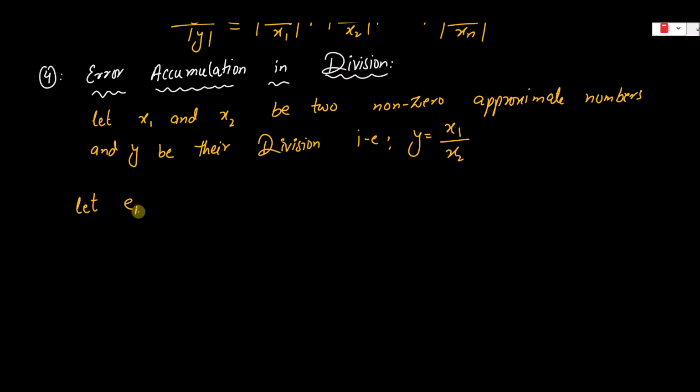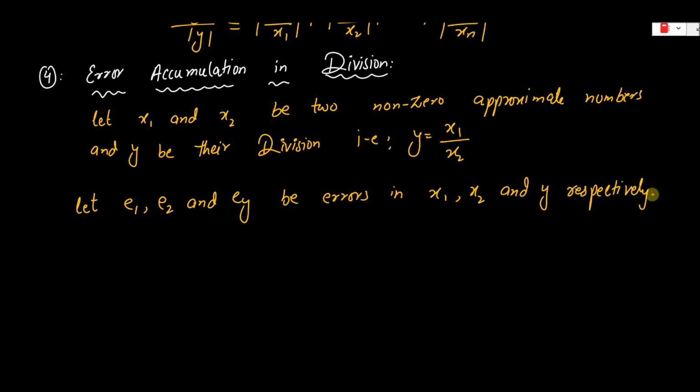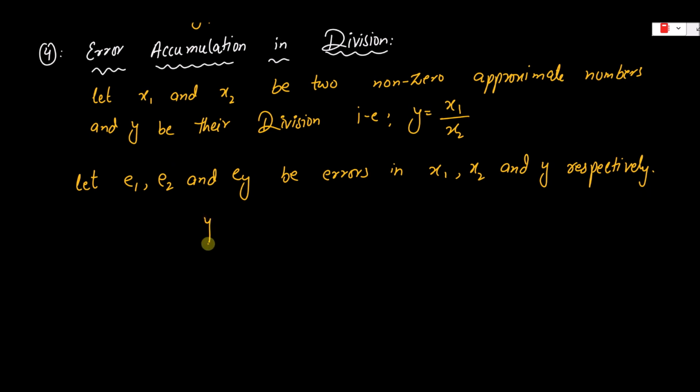Secondly, let E1, E2 and Ey be errors in x1, x2 and y respectively. So in that case, we have y minus Ey, and so we have the division. So we write x1 minus E1 divided by x2 minus E2. So here we have y minus Ey.